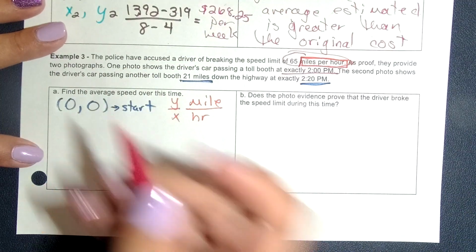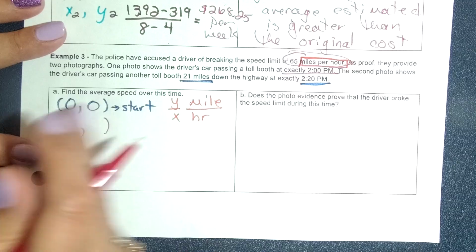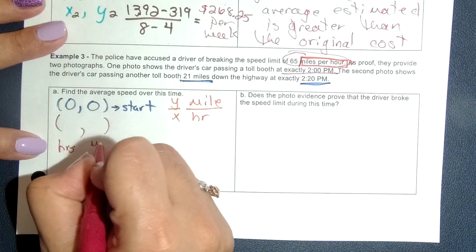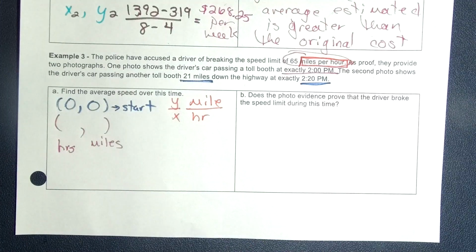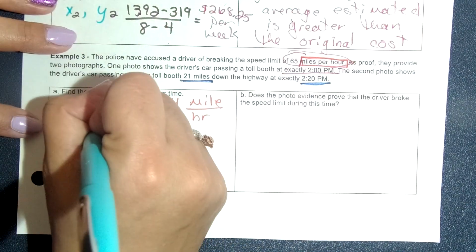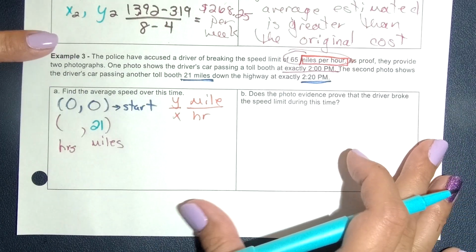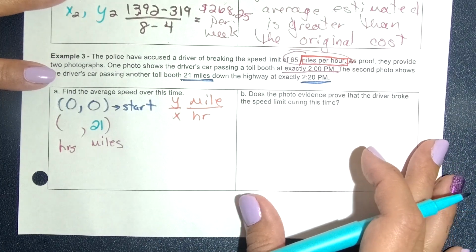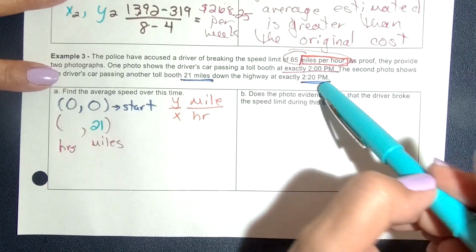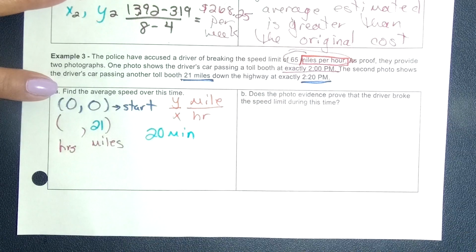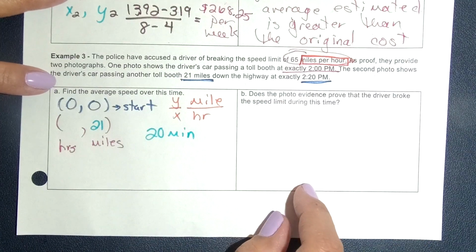Now, remember that X is going to be your hours and Y is going to be your miles. Which one of these do we have automatically? The miles. So that's going to be 21. We need to figure out how much time has passed between 2 o'clock and 2:20. 20 minutes. But we need units in what?